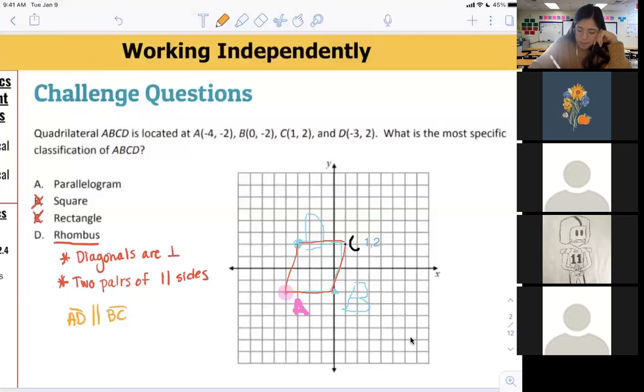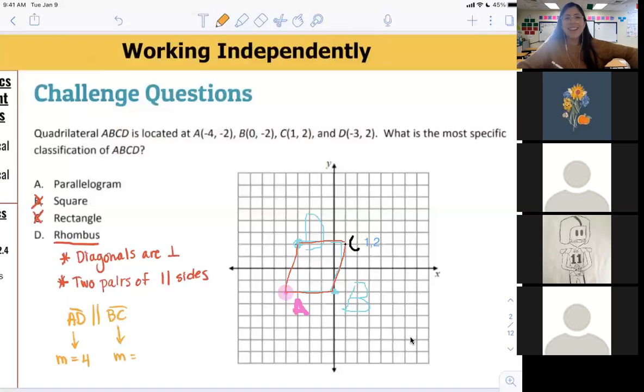The slopes must be the same. So go ahead and check the slope of AD, I mean, and check the slope of BC. For AD, I got 4. Good. So did Alejandro. He actually beat you to it.